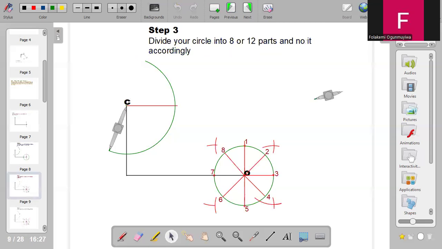So let's move on to the next step, which is step 3. Divide your circle into 8 or 12 parts and number it accordingly. I've divided mine into 8 equal parts. Then you number accordingly. This is 1, 2, 3, 4, 5, 6, 7, 8.